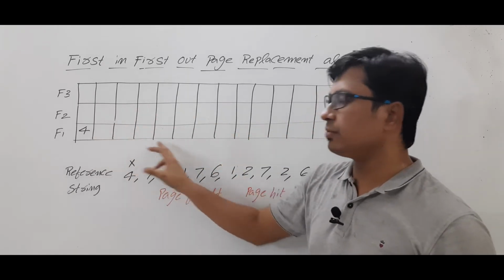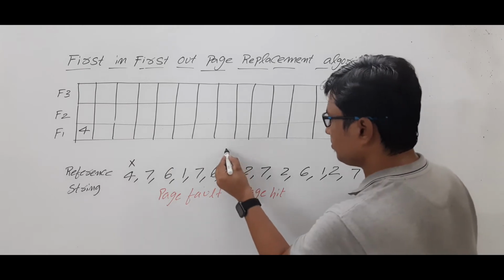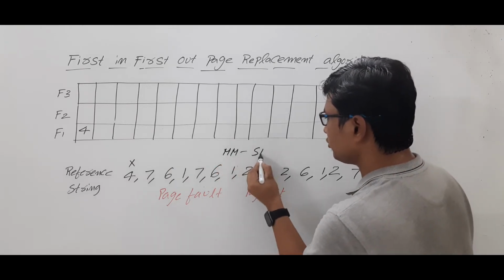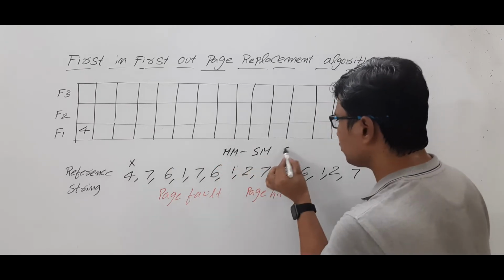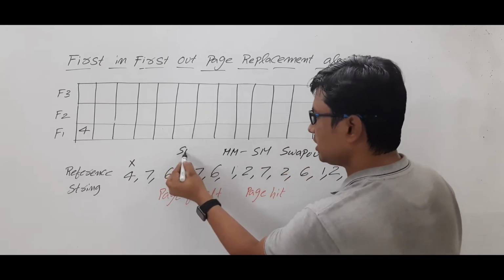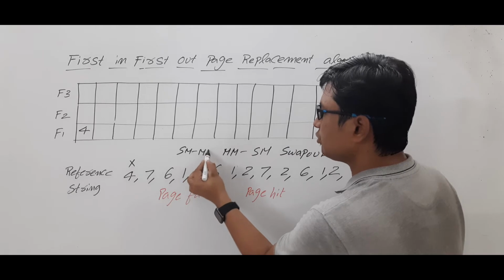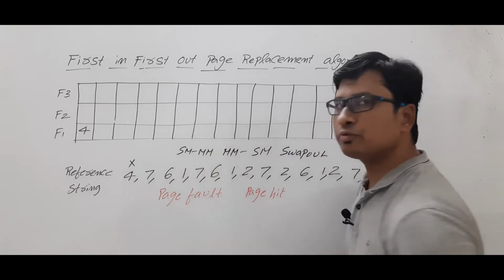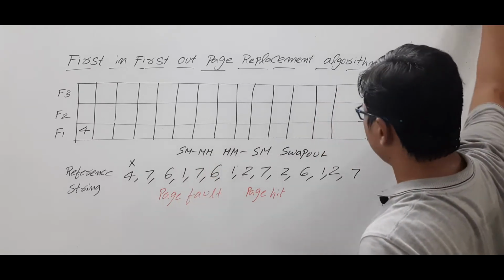From main memory to secondary memory is swap out. From secondary memory to main memory is swap in.